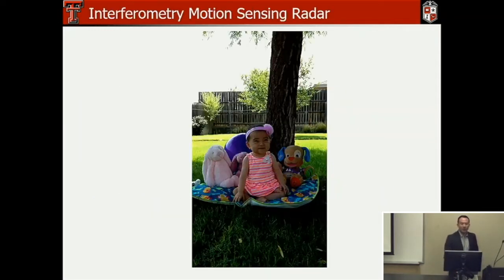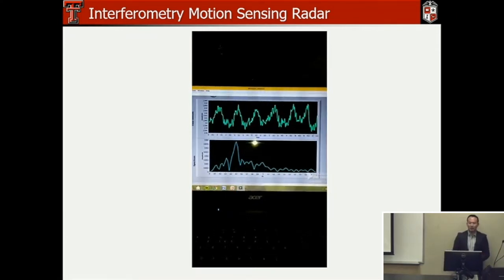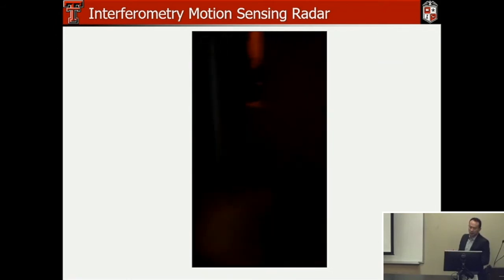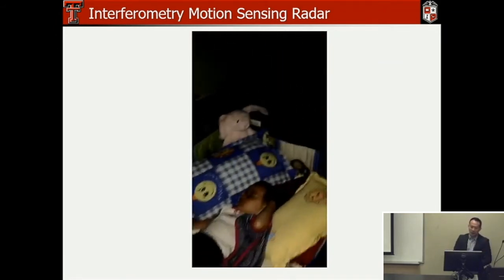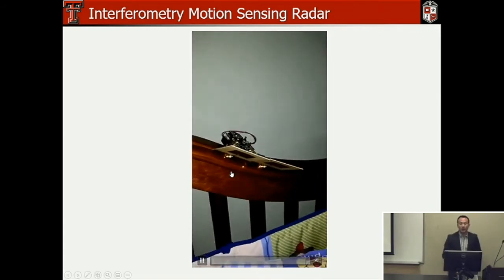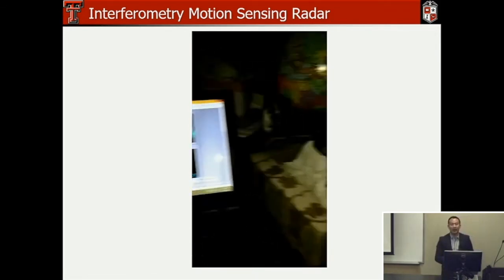To begin with, I'm going to play a short video taken of my daughter when she was 1 year old. One day I brought a radar sensor device home, and after my daughter Chloe went to sleep, I placed the radar sensor on the crib, pointing towards her. On the other side, I have a laptop grabbing the data and displaying it in real time.